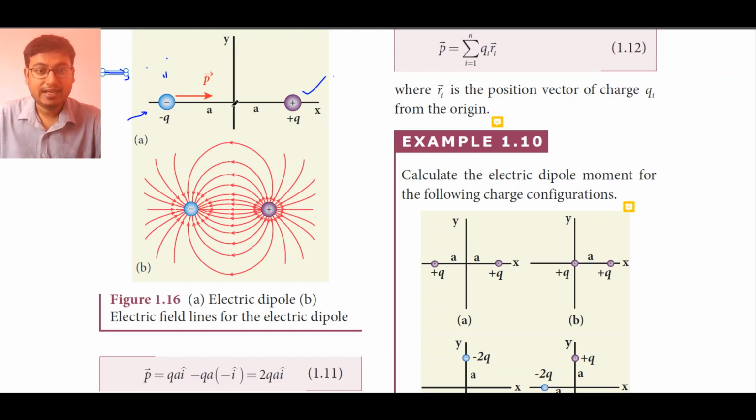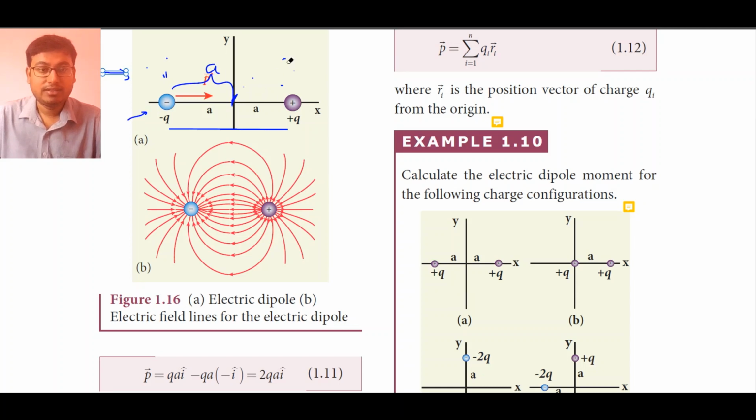And here is the origin. From the origin to the positive charge we have the separation or distance a, and from the origin to the negative charge we have separation a. That means from the negative charge to the positive charge the total separation is 2a. Now this figure became too blurry. Let us delete all the things to visualize it once again.